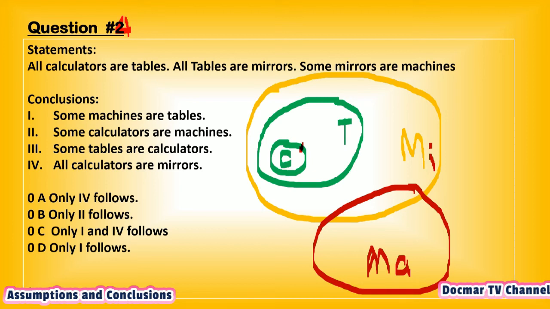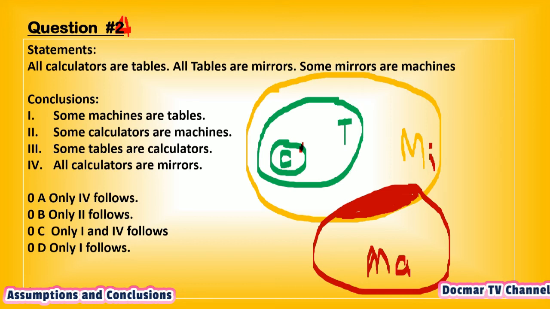All tables are mirrors, so the calculators inside are included in the big circle of mirrors. And some mirrors are machines. Not all mirrors are machines. So that's it.